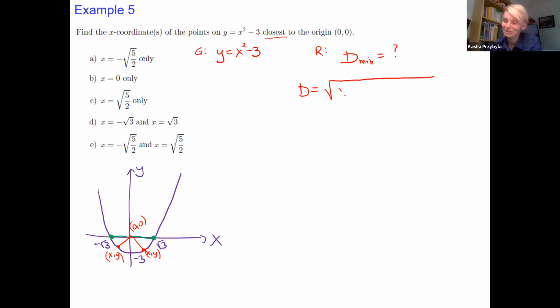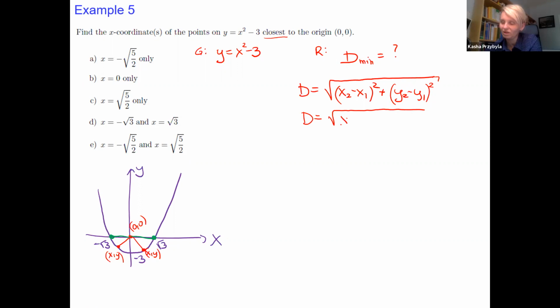Do we remember the distance formula? x sub 2 minus x sub 1, and the difference. Somebody said, yeah, Pythagorean. Yes, this is definitely involved. Okay, and let's actually find the distance, because we will have a distance between 0, 0 and x, y.